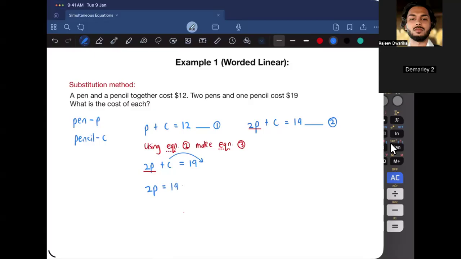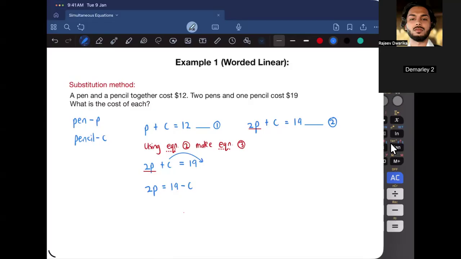19 minus c. Right. So that is what 2p is equal to. Do I want to find 2p or do I want to find p? So now you're going to get rid of the 2. Right now the 2 is being multiplied by the p. So I want to find 1p.